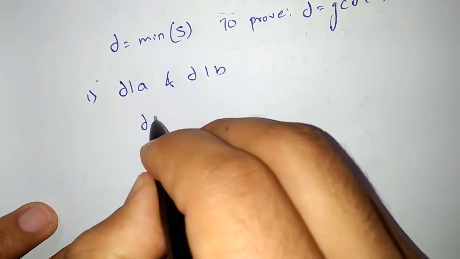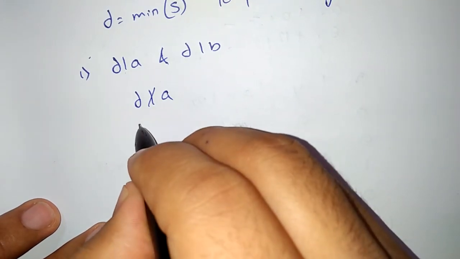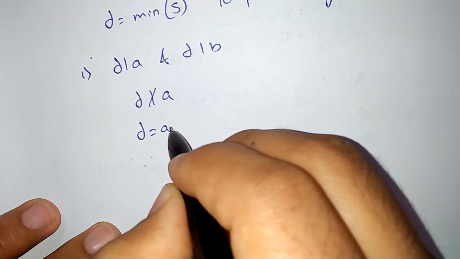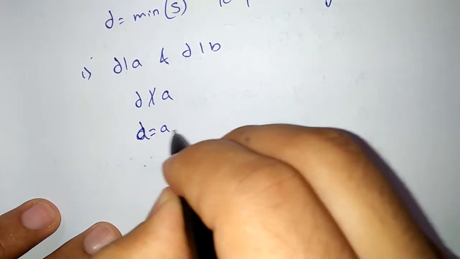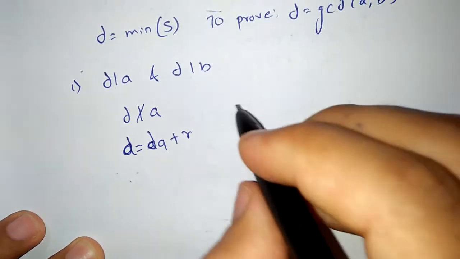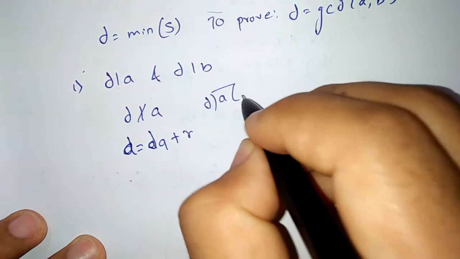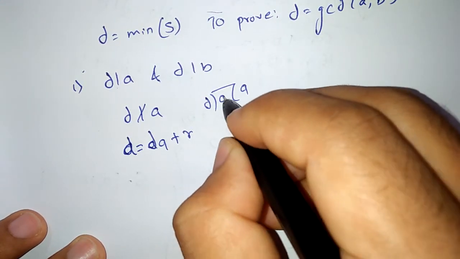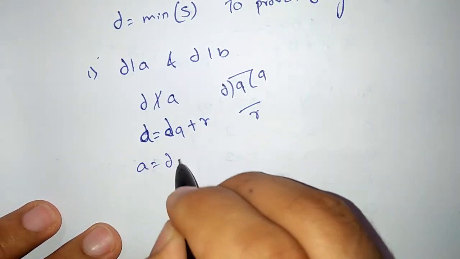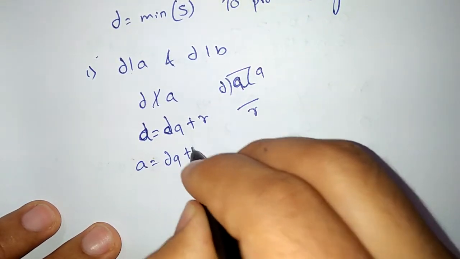If this isn't the case, suppose D doesn't divide A, then by the division theorem, A is going to be dq plus r.